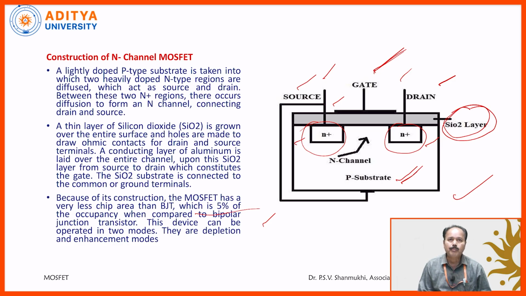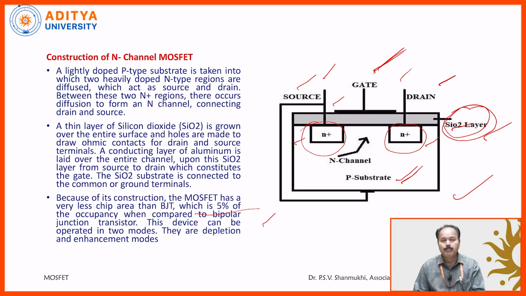And to get the ohmic contacts, first initially a silicon dioxide layer, an insulating layer, is kept on that one, and on that two holes are drilled to get the ohmic contacts there, to get the source connection and also the drain connection. And again on this silicon dioxide layer, an aluminum layer is taken, acting like the gate there. So three parts are there now: gate, source and the drain.